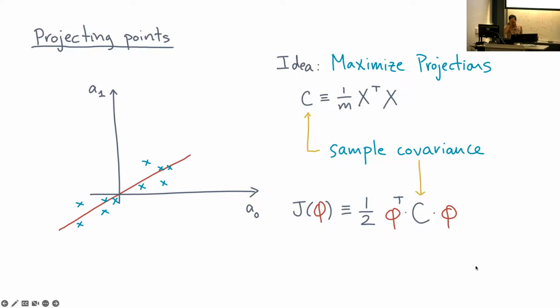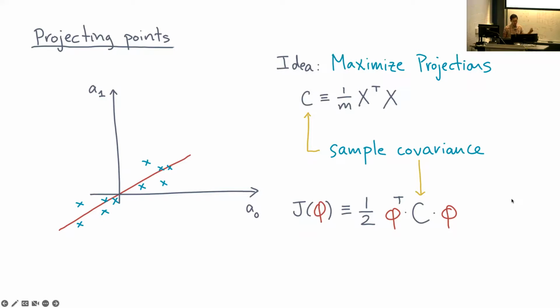Returning to the problem itself, the formula I've written down is a matrix formula, and when I evaluate it I get a number. I'm going to try to pick a phi that maximizes that number.